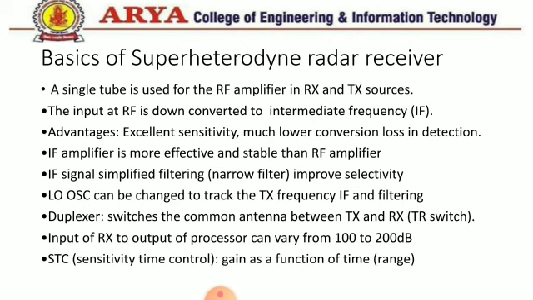The basic function of the receiver is to receive the signal from the target in the form of an echo signal, and amplify that signal so that it can be displayed on the screen.